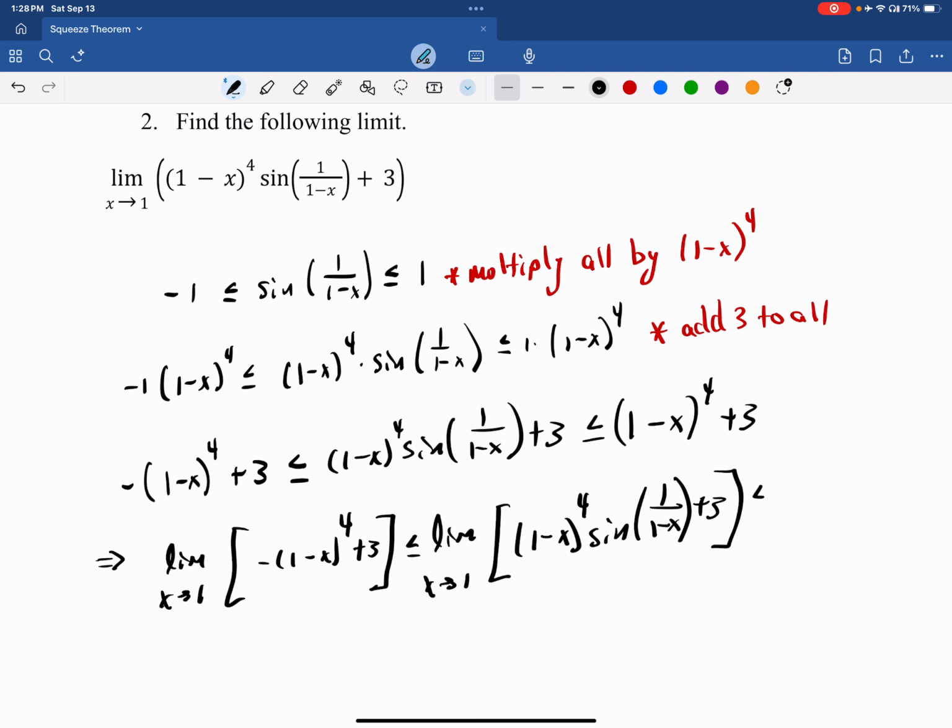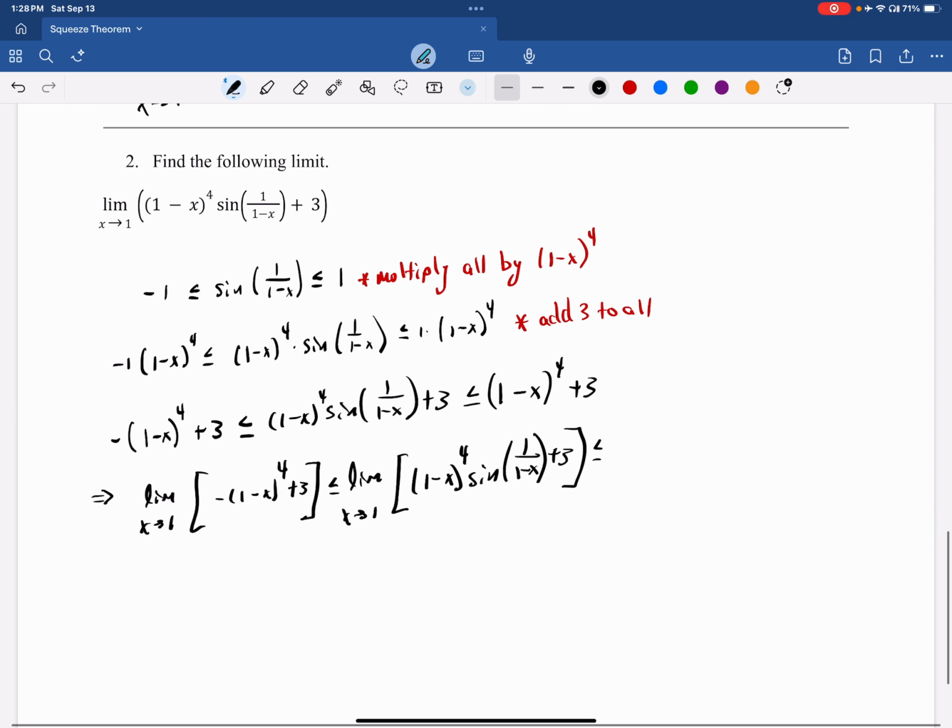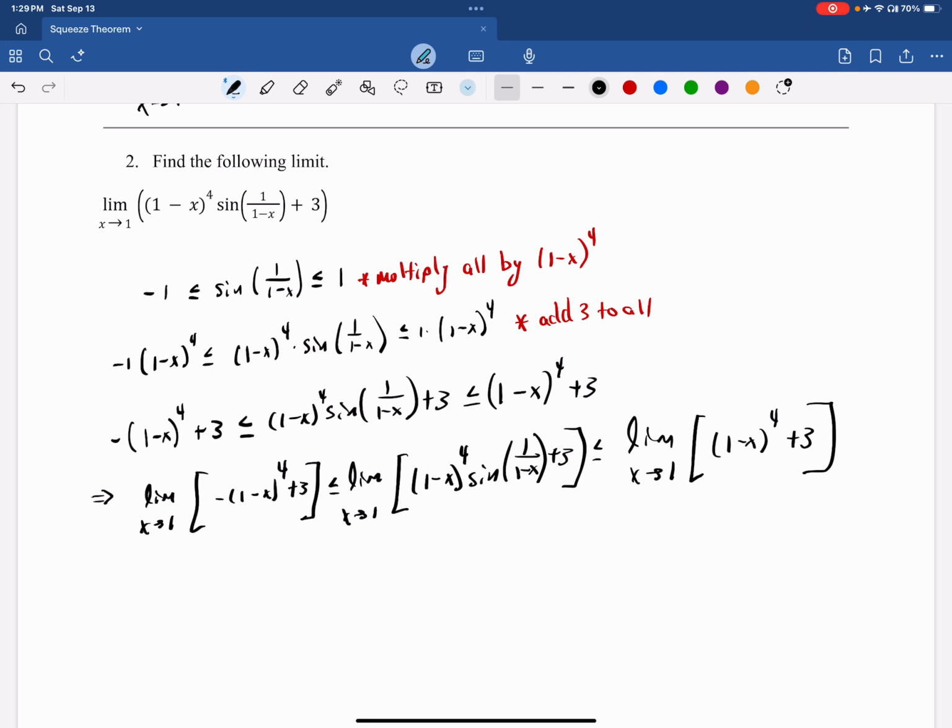And that has to be less than or equal to the limit as x approaches 1 of the right-hand side of the inequality, which was 1 minus x raised to the fourth plus 3. Okay? So in this one, we added the limit as x approaches 1 to all. That's what we're doing to get to that step right there.